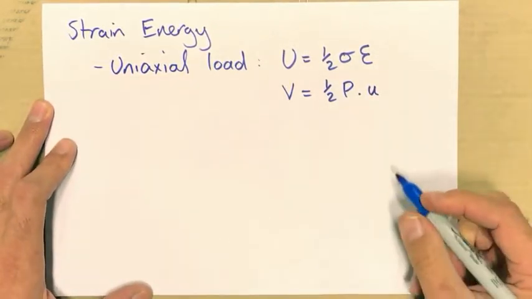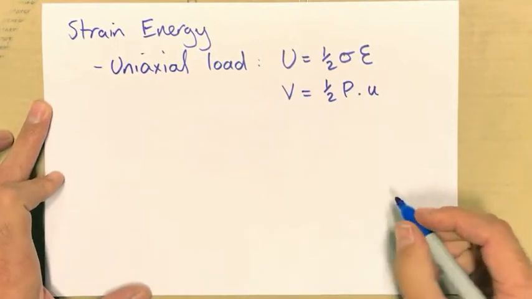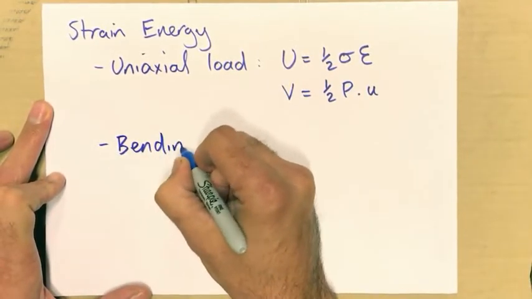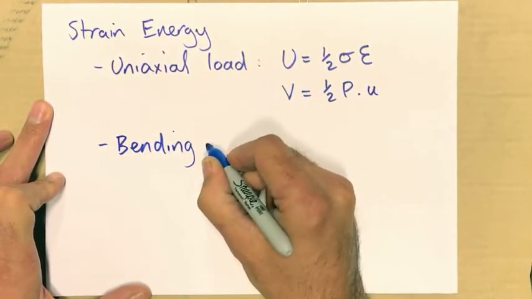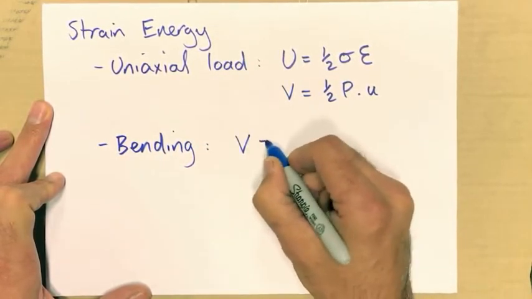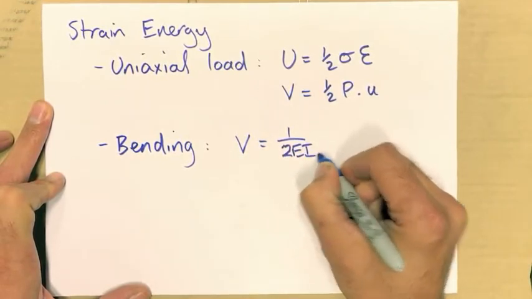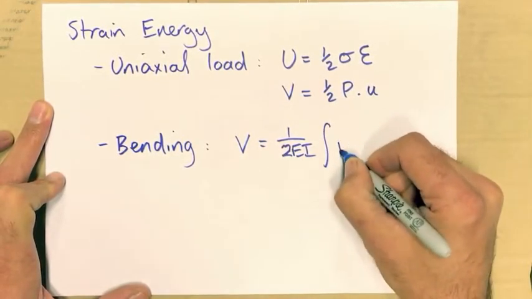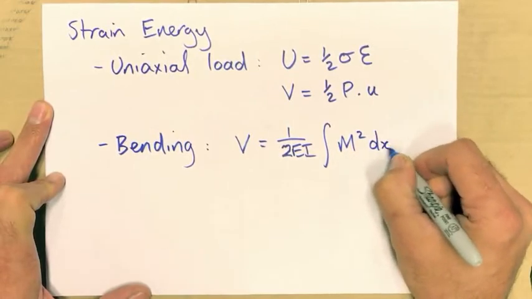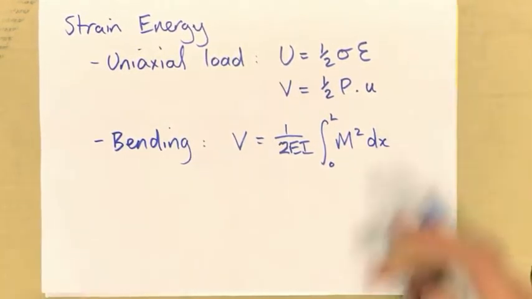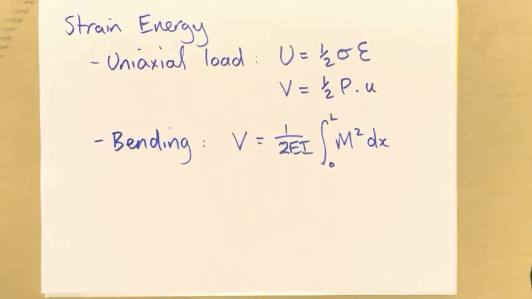Okay, expect you to know that, expect you to know the units just like in the mid-semester test. And this one is probably the most important. For bending, you need to know the strain energy is equal to 1 on 2EI integral of M squared over the length of a beam. Okay, these I expect you to remember.